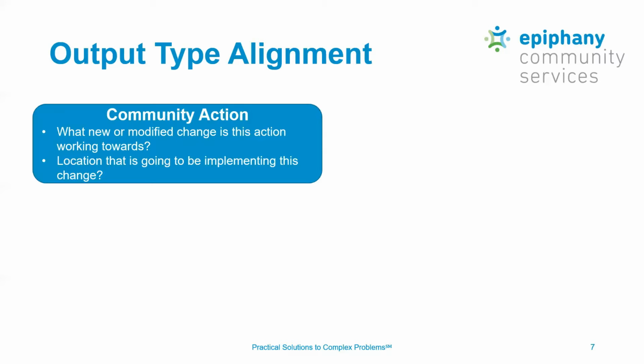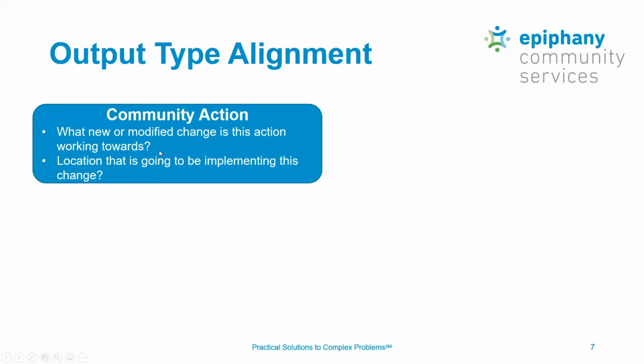Sometimes you might get caught up in writing your description and completely forget to check for it, or you might think it is clear as day, whereas your reviewer might not necessarily understand, and that's okay. Sometimes that's just lost in translation. It happens. But always make sure to include what the new or modified change is that this action is working towards. The best way to make sure you have that in your description is to include the words new or modified.